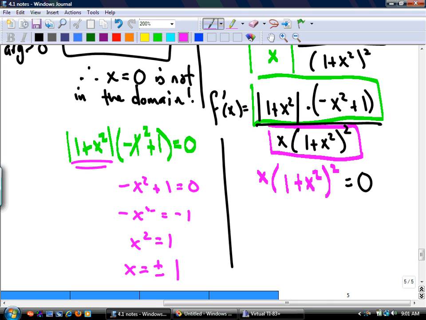Okay. Now, what values of x make the bottom equal 0? Why doesn't this matter? It can never equal 0, and then you square it, so it'll really never equal 0. 1 plus x squared won't equal 0. 1 plus x squared squared really will never equal 0.